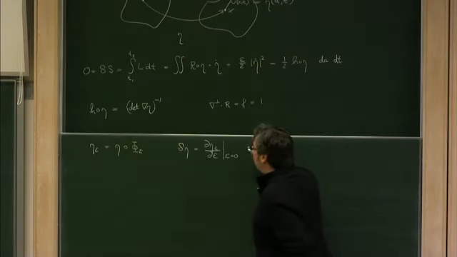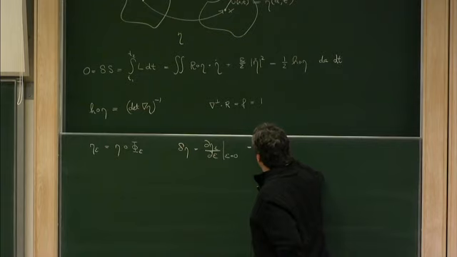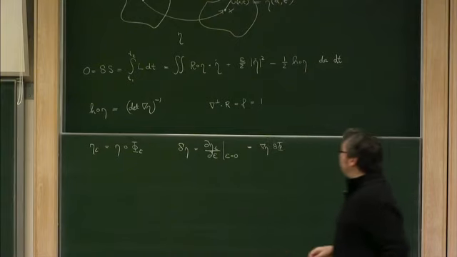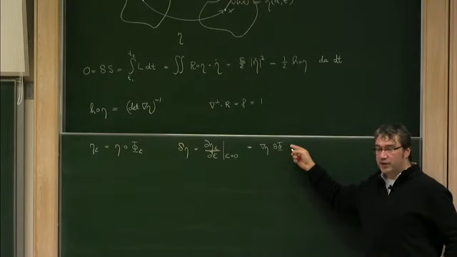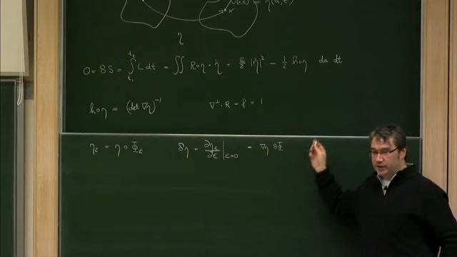Then what I get is the gradient of eta and then the variation of phi, and since I've assumed this to be volume preserving, this is a vector field and its divergence is free.